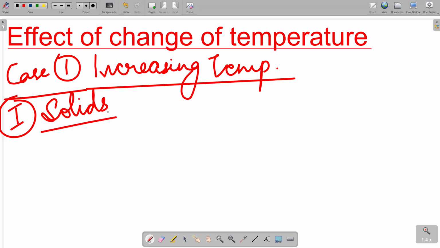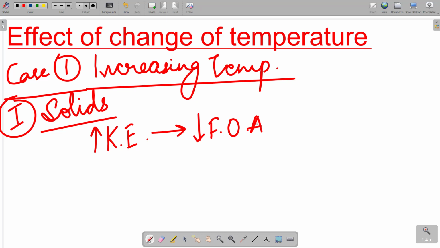We all know about kinetic energy and what happens when kinetic energy increases. The particles start vibrating at a faster pace, and the force of attraction becomes a little lesser. So whenever there is a hike in the temperature, the particles start vibrating, the kinetic energy increases, which leads to a downfall in the force of attraction.